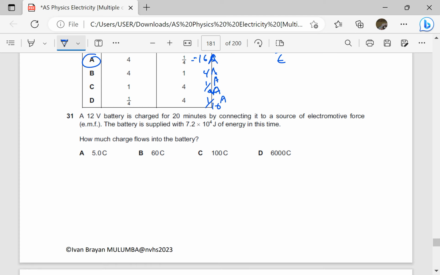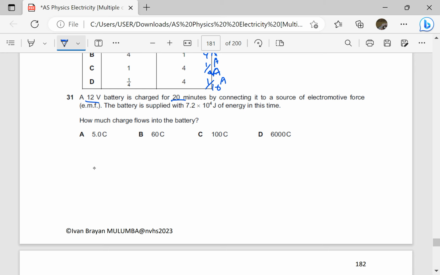A 12-volt battery is charged for 20 minutes by connecting it to a source of EMF. The battery supplies 7.2 times 10 power 4 joules of energy in this time. How much charge flows into the battery? So first of all, we know that energy is equal to power times time, so energy is equal to IV times T. And you and me know that charge is equal to I times T. So precisely we are saying that energy is going to be equal to charge times V. So we want charge.